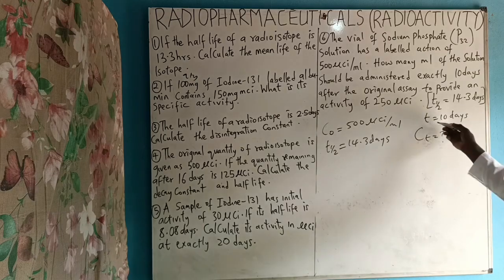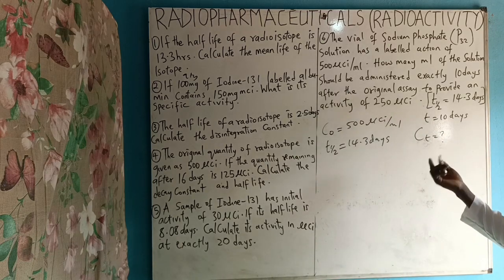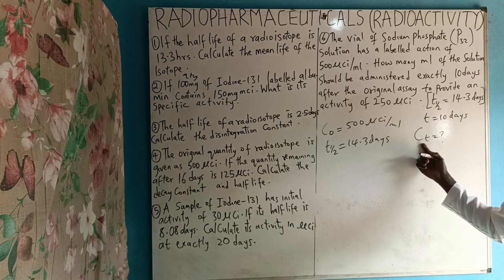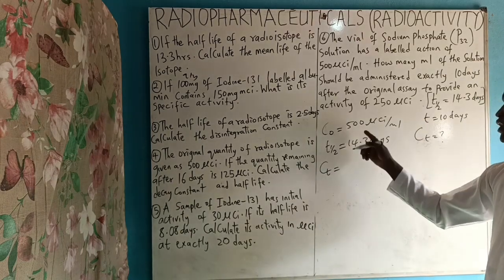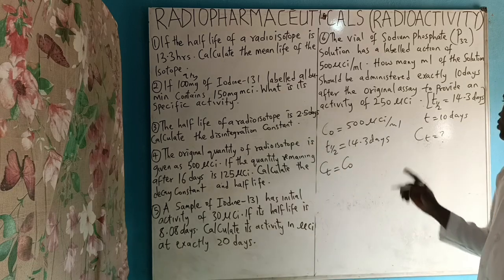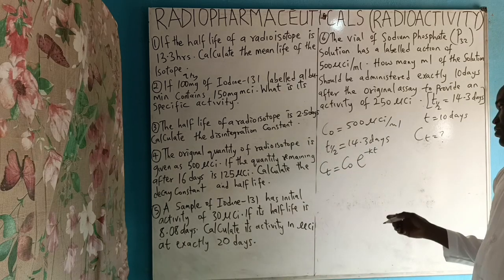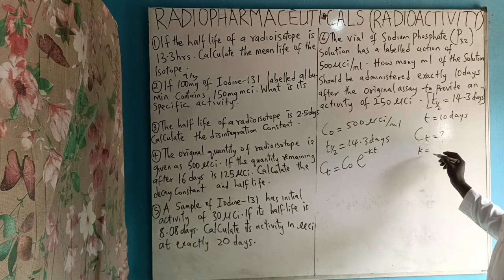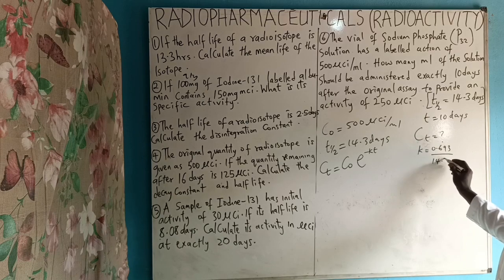That means that this time it's not up to the half-life. We want to see how many will decay when it gets to 10 days and how many will remain when it gets to 10 days. So how many that will remain is what we call CT. We said to get how many that will remain, we say CT equals CO, then exponential minus KT, where K is equal to what? 0.693 all over half-life 14.3.